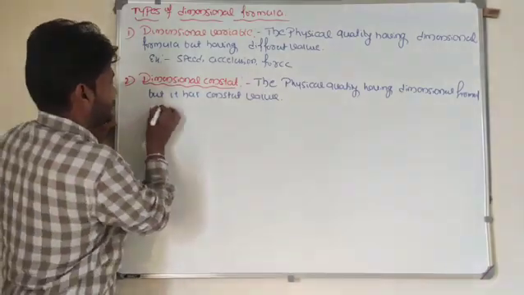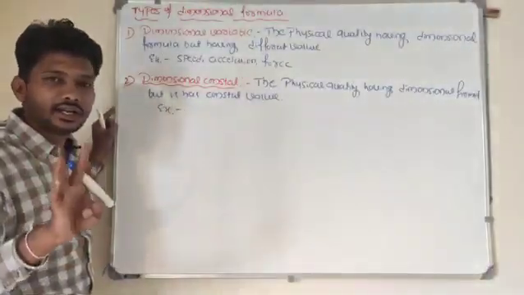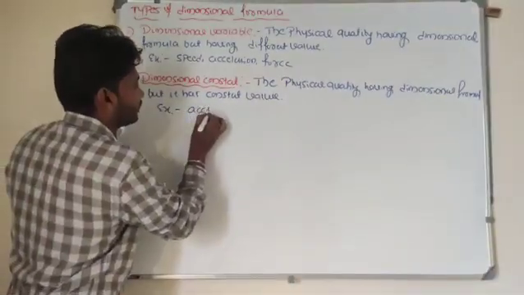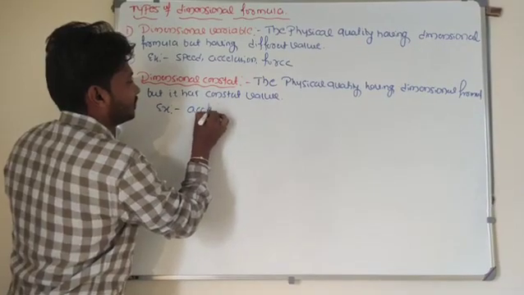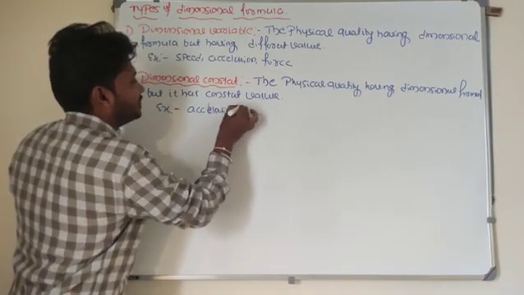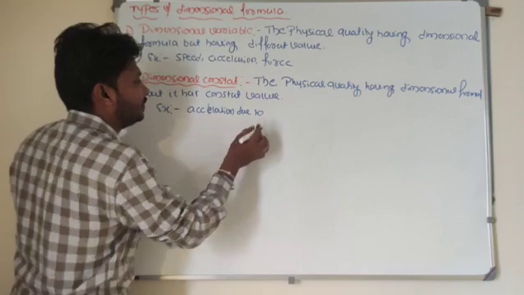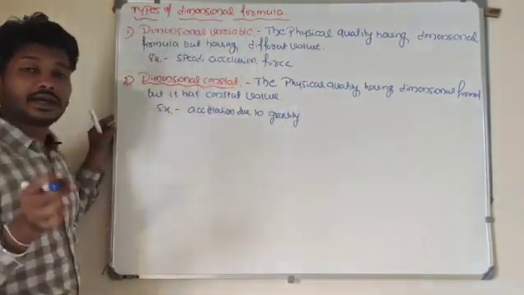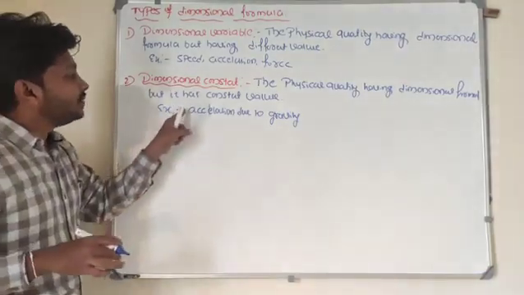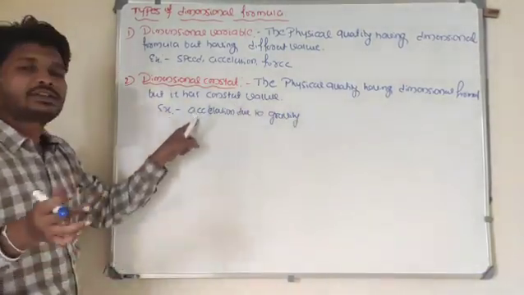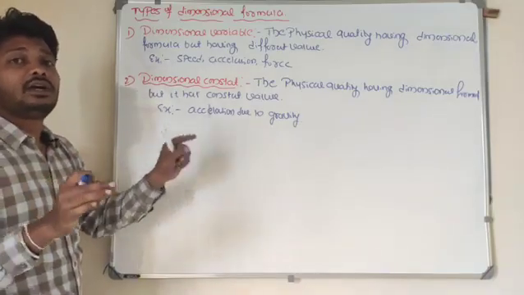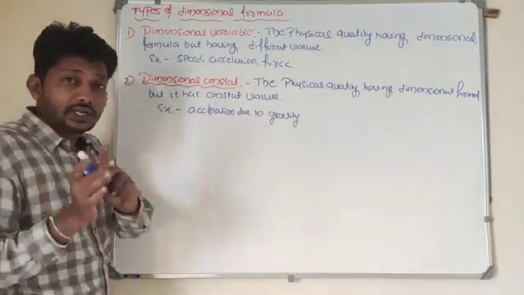So for example, acceleration due to gravity, that is 9.8 only, so that value will not change. So I am able to write the dimensional formula for acceleration due to gravity, but it has constant value. So its value is 9.8 only. So it won't change.